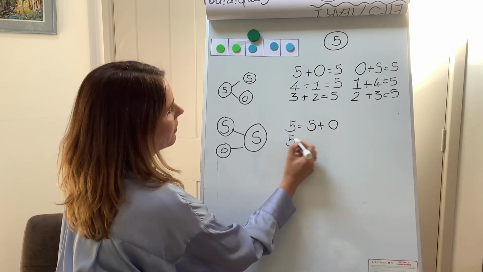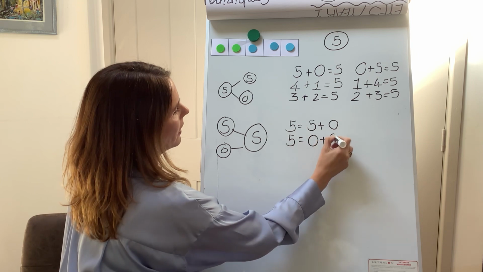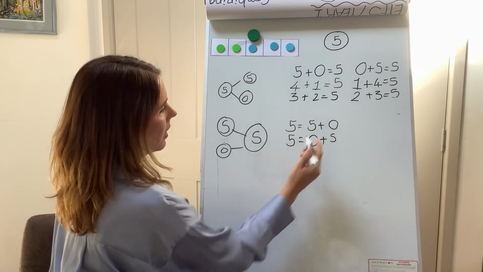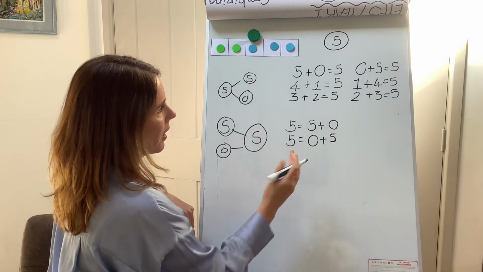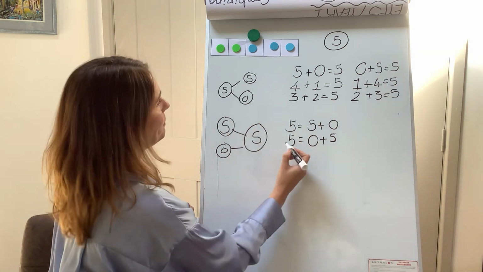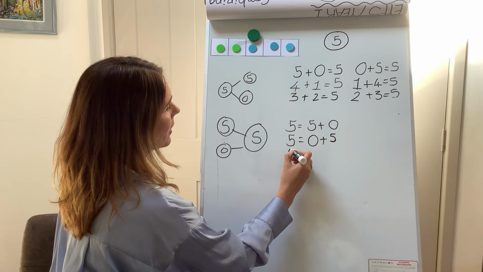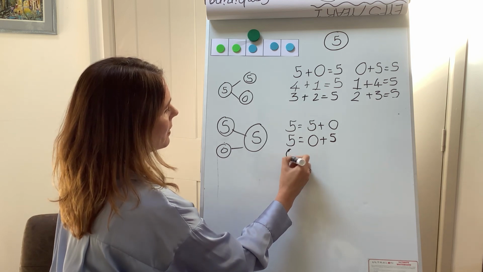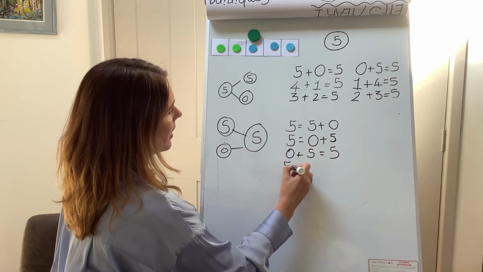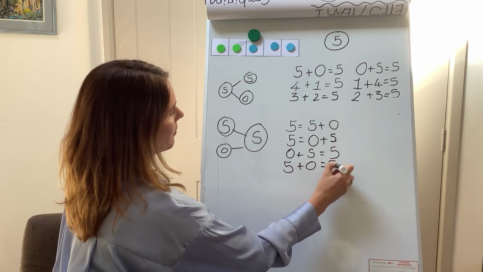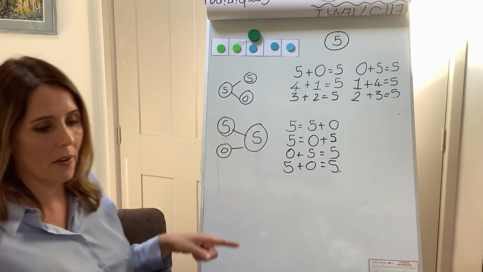And we can have 5 is equal to 0 and 5. So these are addition fact families, and for every number there are 4 of them. So we can have 0 and 5 equals 5, and 5 and 0 equals 5. So there are 4 fact families.